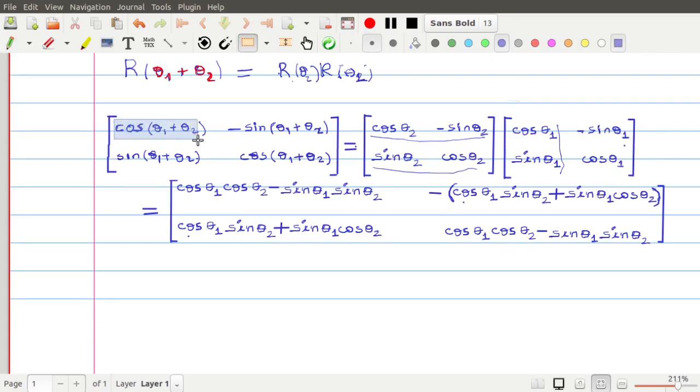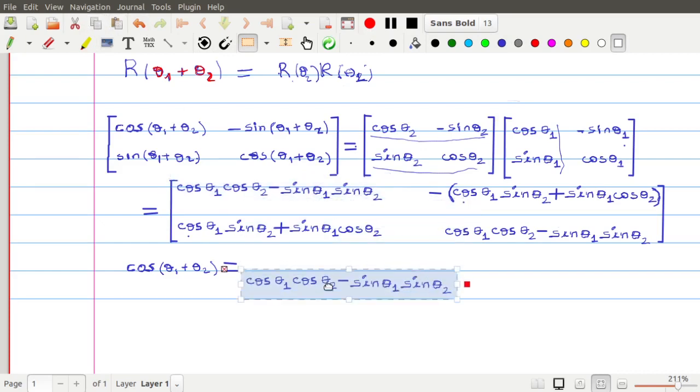So this entry will be equal to this other entry. So that is for the cosine.